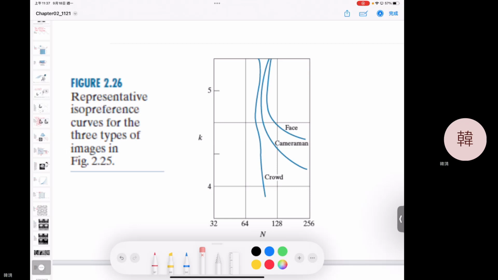But if you have a straight line here, when you have the same spatial resolution, sometimes a lower intensity level looks better to your eyes. Why?